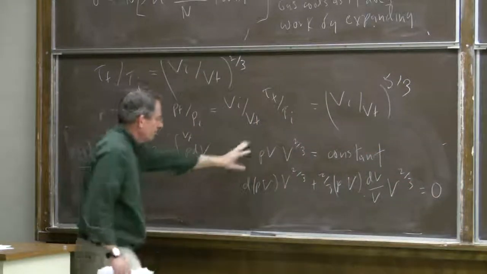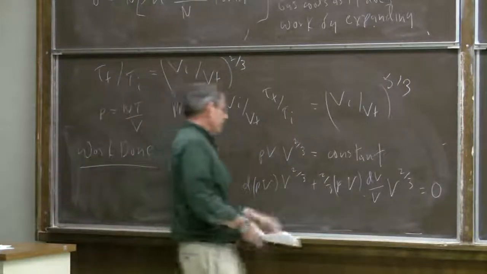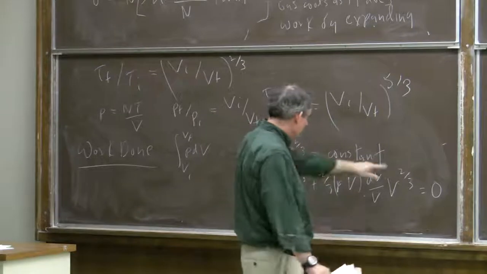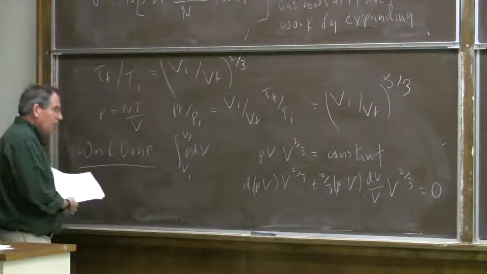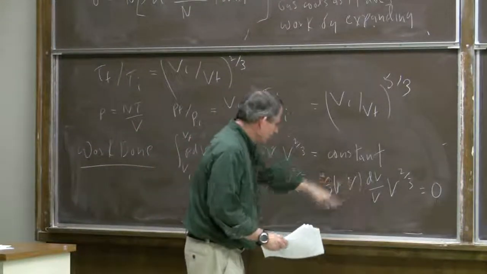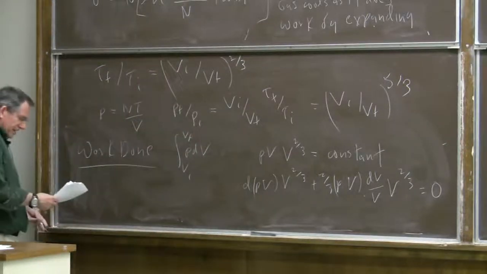So I just differentiated PV times V to the 2/3 by the product rule. When I differentiated V to the 2/3, I got 2/3 V to the 2/3 minus 1. So now I've got a PdV over here. That was why I did this, because that's what I want to integrate to find the work.